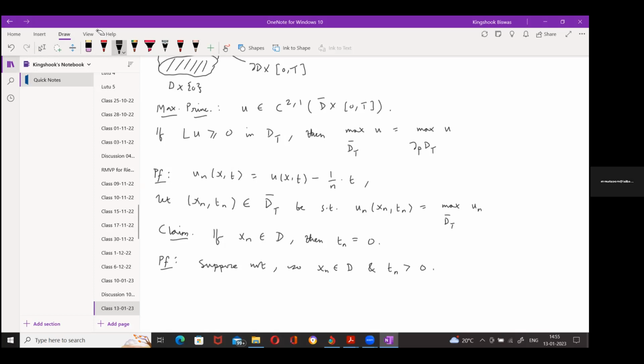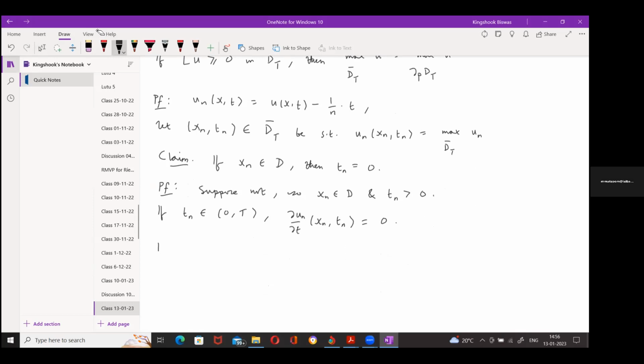Okay, so if Tn belongs to the open interval (0, T), then I can differentiate with respect to T at Tn, and since this is a maximum as a function of T also, the first derivative del un del T at xn, Tn has to vanish, right? Because this is a maximum with respect to the T variable also.